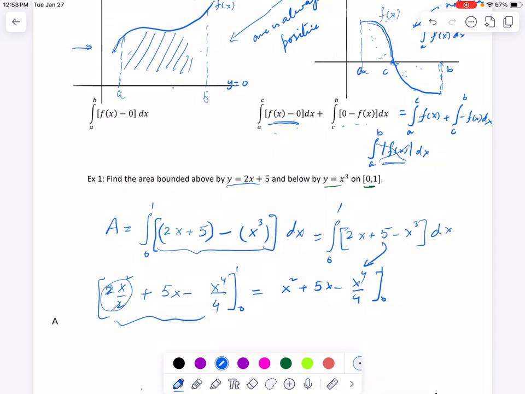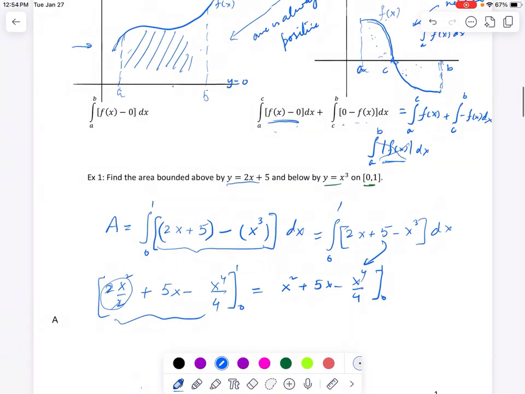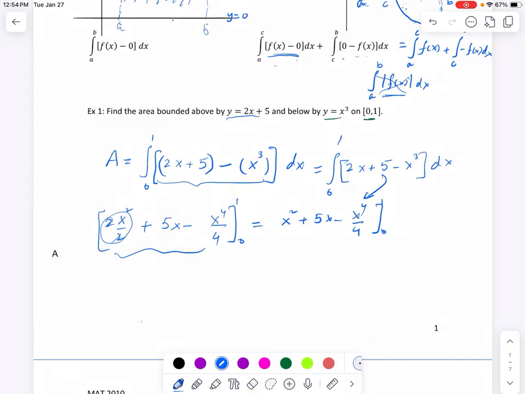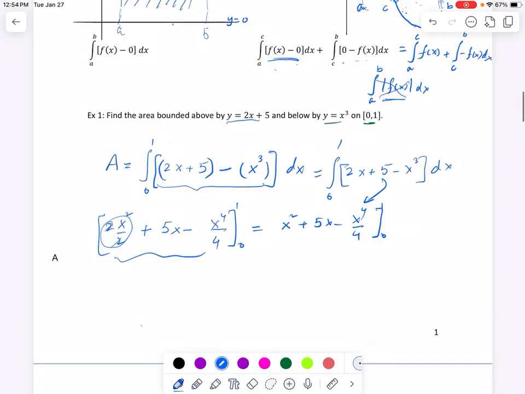And now we plug in the limits. First the upper limit, and with the limits also we should remember the brackets. So 1 squared plus 5 into 1 minus 1 to the 4th over 4, minus 0. It will give me all zeros, but it's better to write.